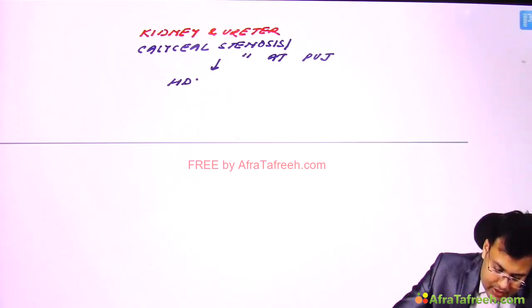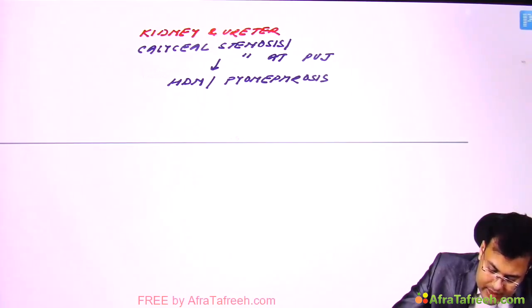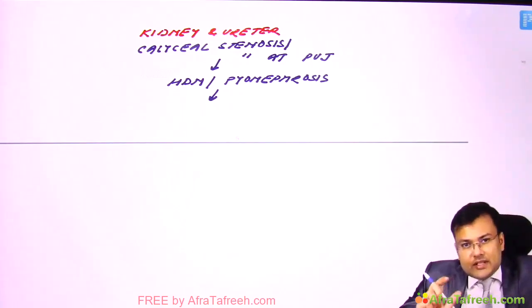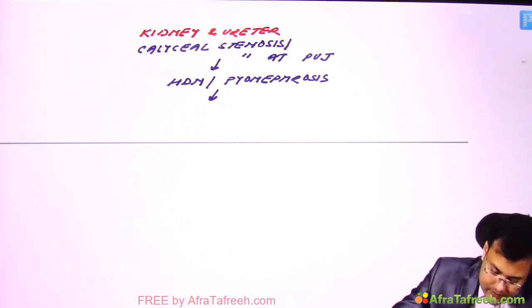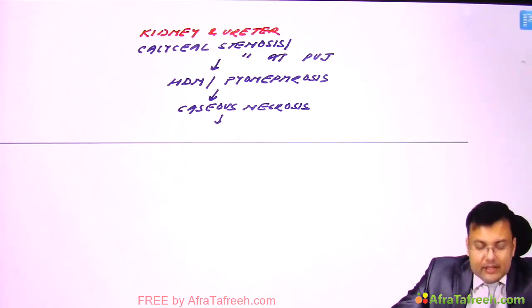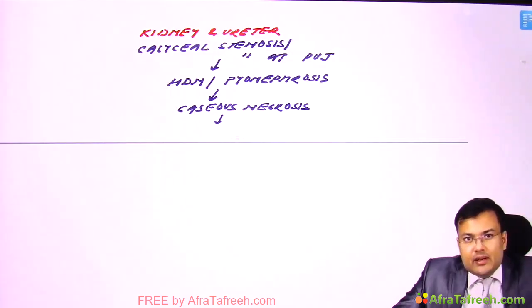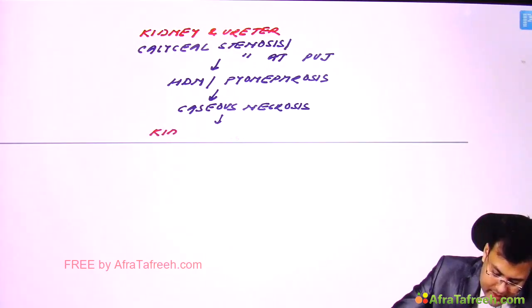So the patient will have hydronephrosis, and because of this hydronephrosis there is pyonephrosis. But actually, in the beginning, rather than pyonephrosis, there is collection of cheesy material. That is caseous necrosis. So because of caseous necrosis, the kidney is filled with cheesy material, and that is known as putty kidney.